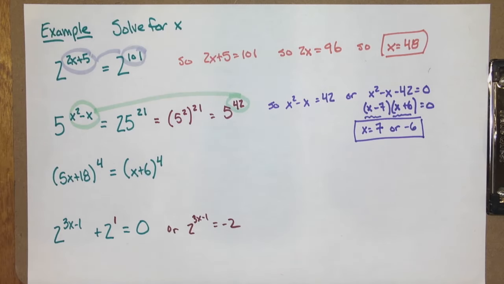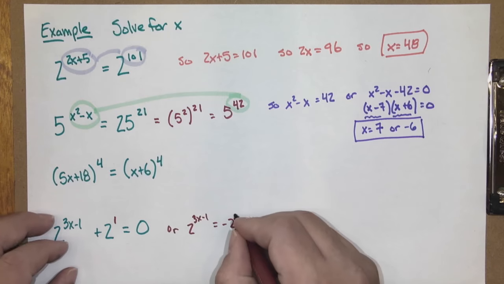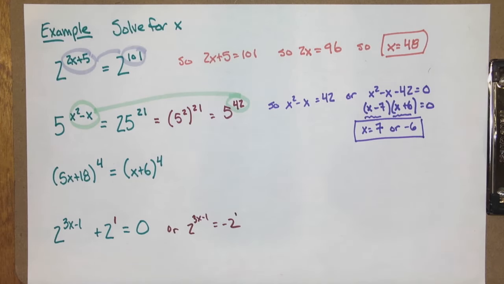Negative 2 to the power 1. Now what? Just negative 1?